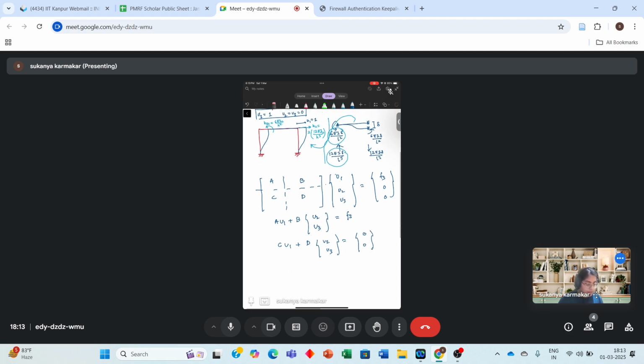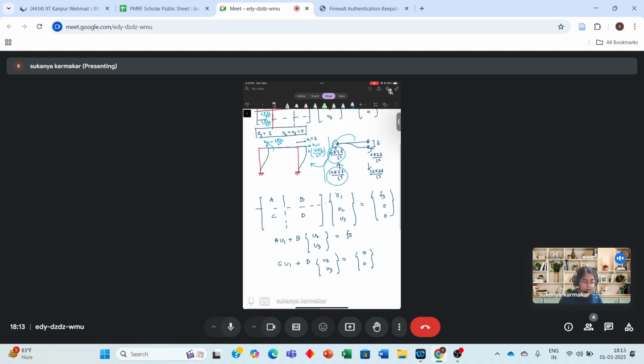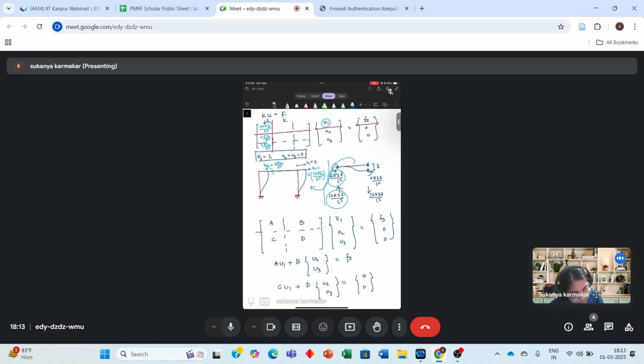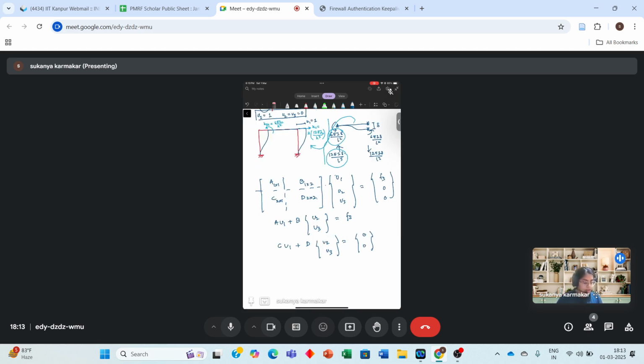So can I write these two equations if I partition my stiffness matrix in this manner, where A will be 1 cross 1, B will be 1 cross 2, C will be 2 cross 1, and D will be 2 cross 2? So can I write these two equations, 1 and 2?